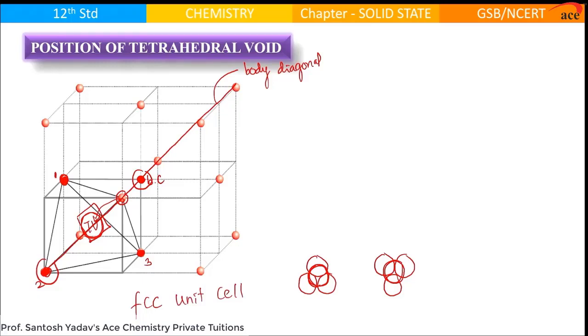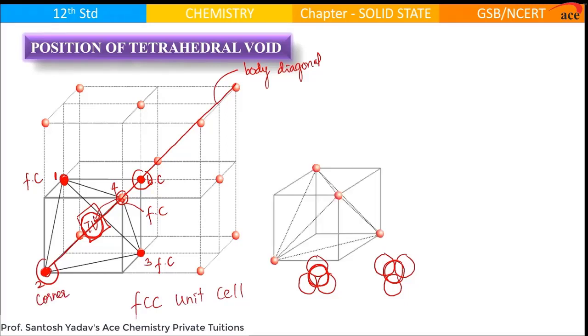Now, if you see, sphere number 1 is a face center, sphere number 3 is a face center, and this 4th sphere is also a face center. So, 3 face centers and 1 corner, the space trapped between them is called a tetrahedral void. That tetrahedral void has been shown here.